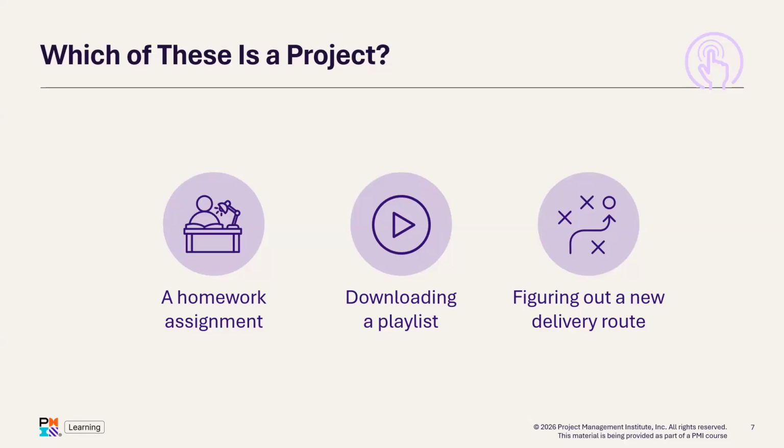Okay. Any other view? Ernest. Homework assignment, downloading playlist, figuring out a new route. One, by definition of the project, if I'm given an assignment, it happens within a time bound and it must deliver some results.